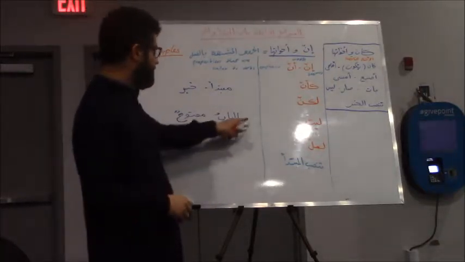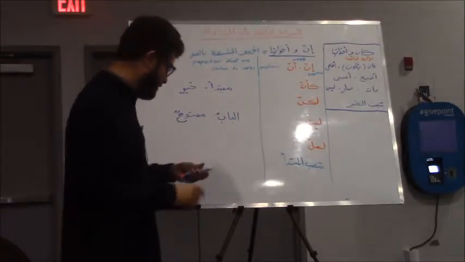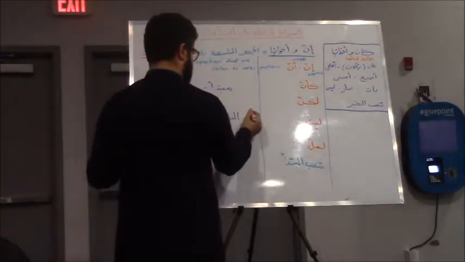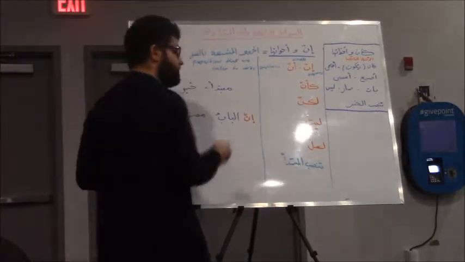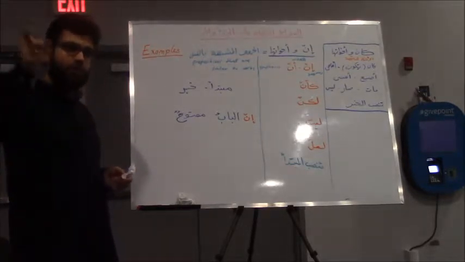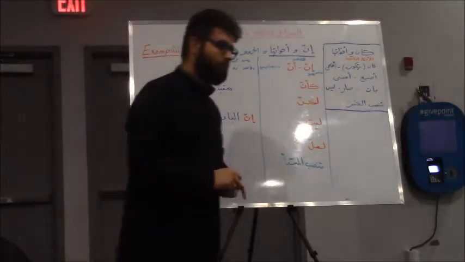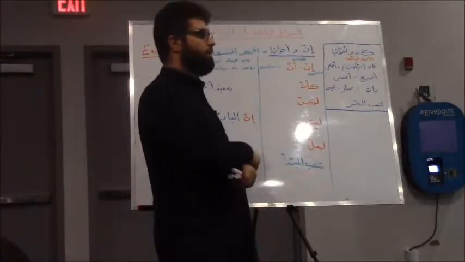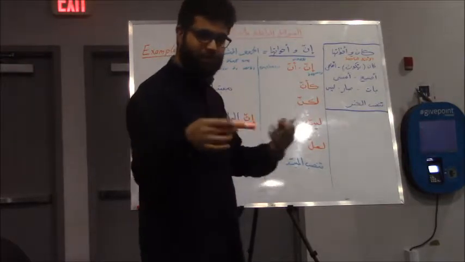So what would you do? Would you put inna or anna here? Inna, right? Because it's the beginning of a sentence, not the middle of a sentence. So we say inna. Indeed, where I emphasize that the door is open. So I'll show you how this would differ in terms of dialogue.